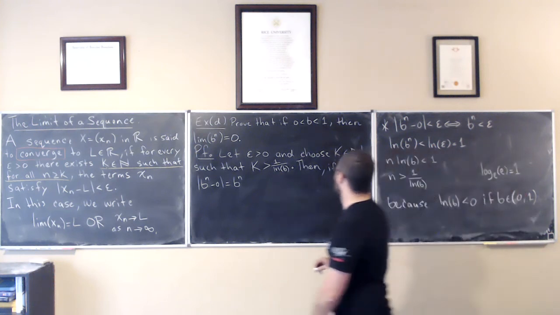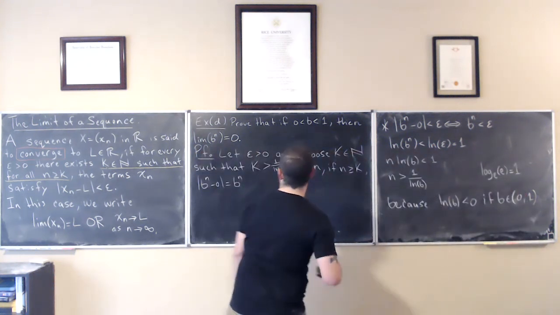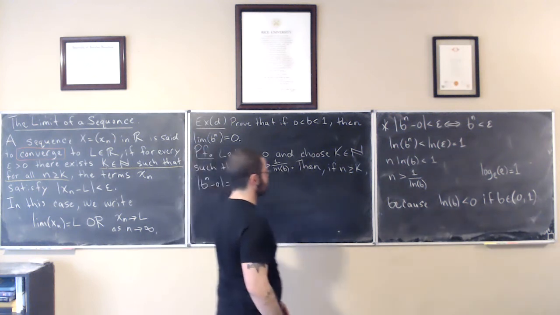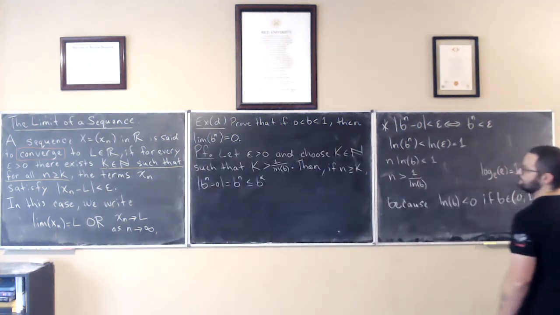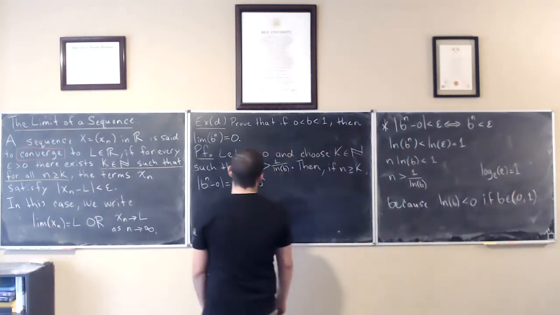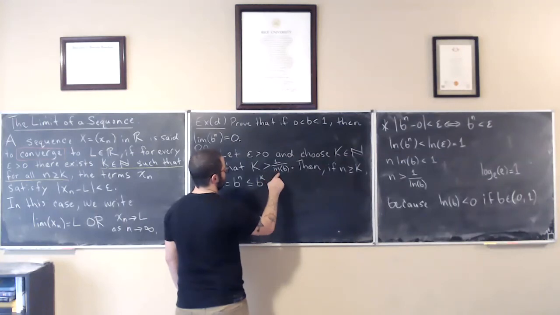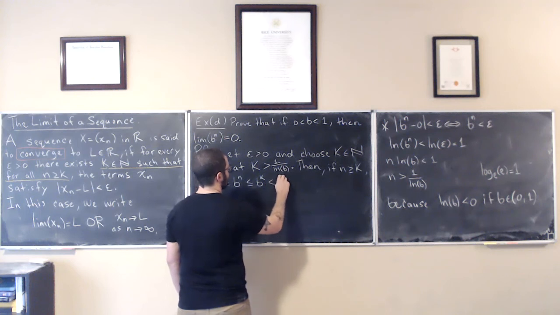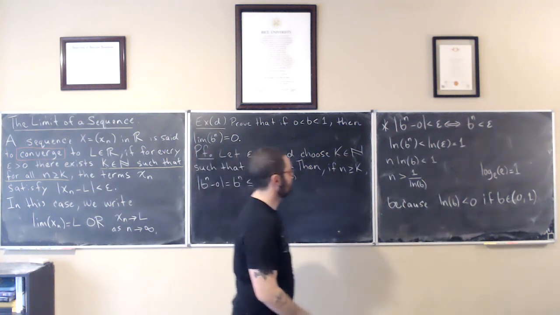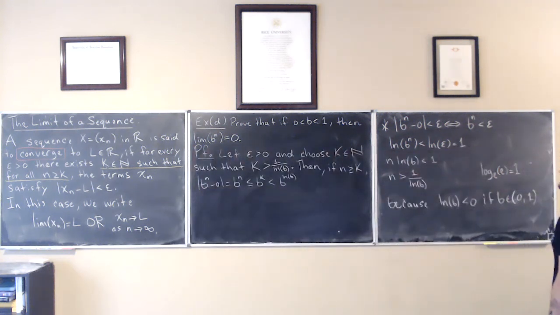Actually, if n is greater than or equal to k, I know that that's at most b to the power k, right? And then if k is greater than that, then b to the power k is strictly less than b, the natural log of b. Like dividing a fraction.